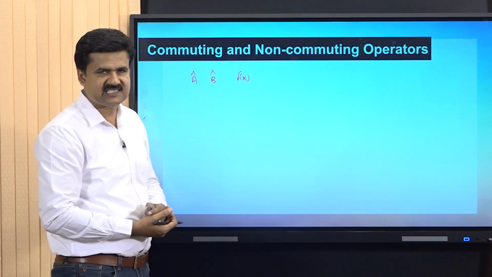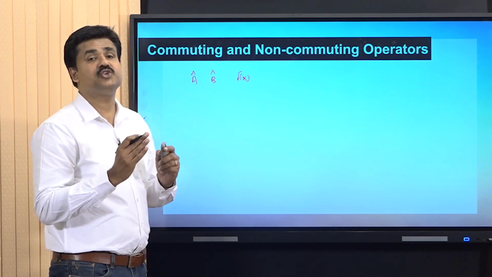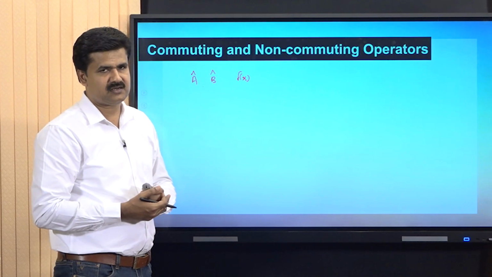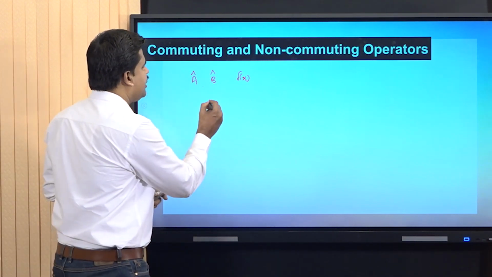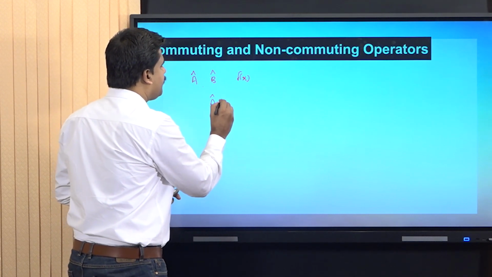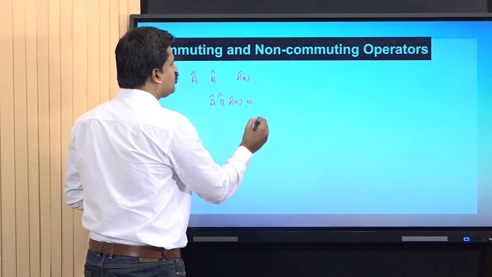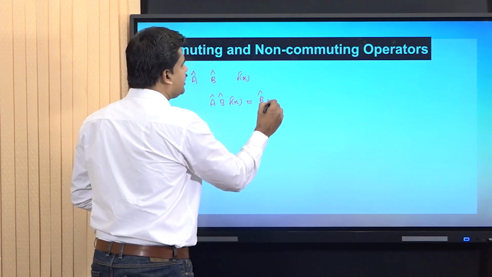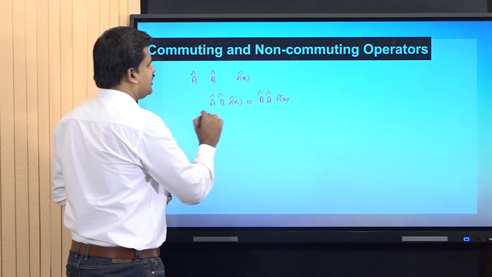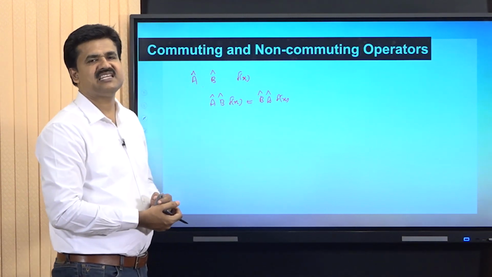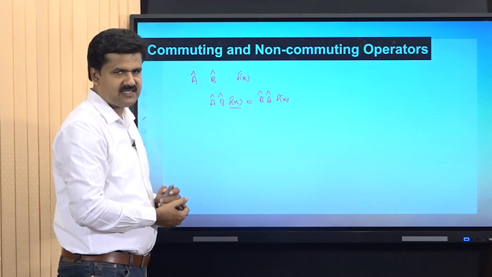The two operators A hat and B hat are said to be commuting operators if A hat B hat f of x equals B hat A hat f of x. What is the meaning of this mathematical expression? Here, f of x is the operand.